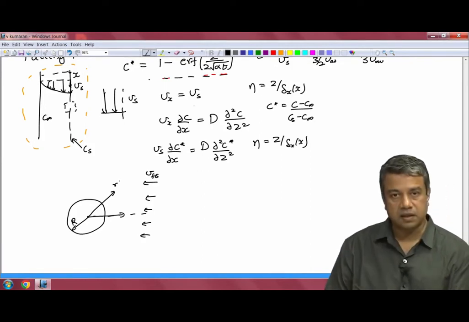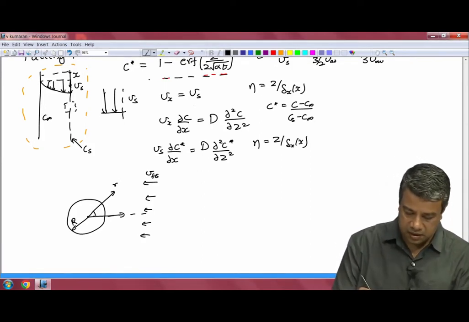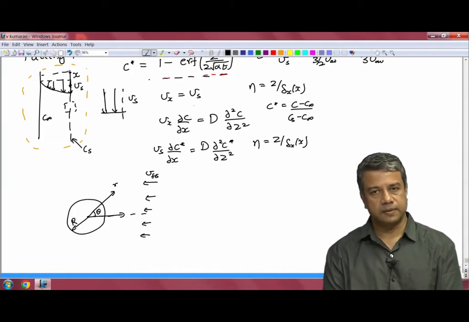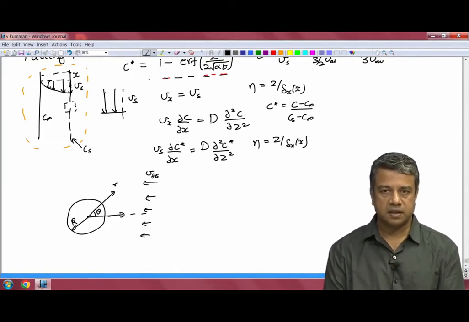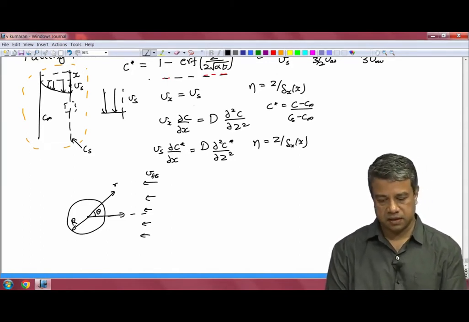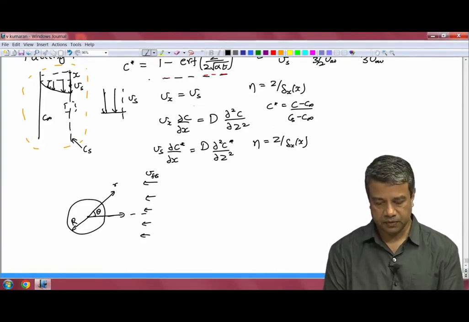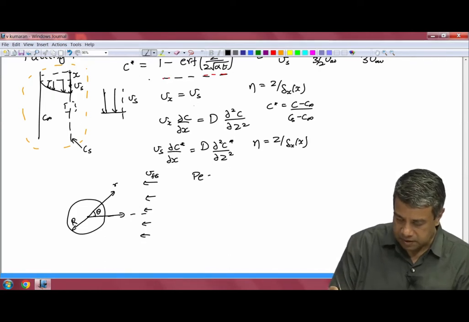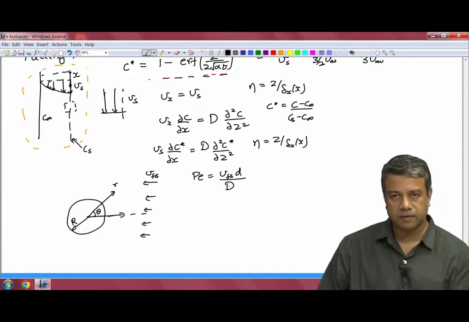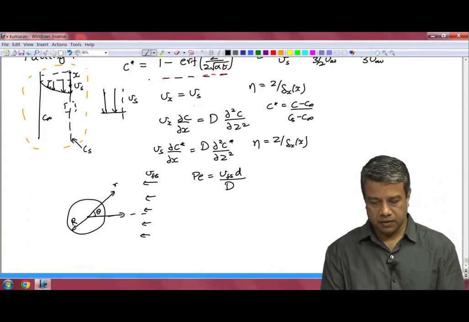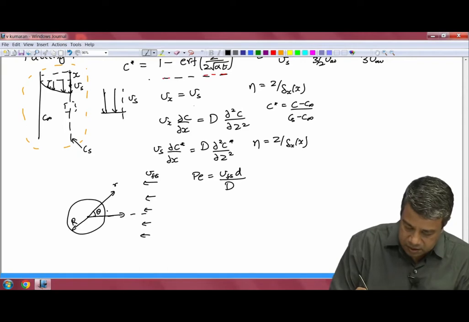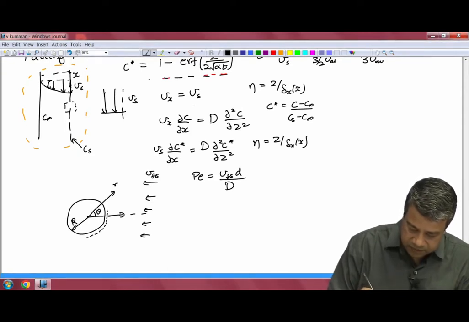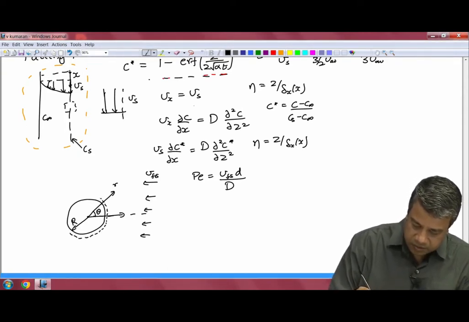R is the distance from the origin and theta is the azimuthal angle. This configuration has no dependence on the meridional angle as usual. In the limit of high Peclet number, where the Peclet number is equal to V f s times d by D for mass transfer, you would expect the disturbance due to the concentration at the surface to be restricted to a thin region close to the surface.